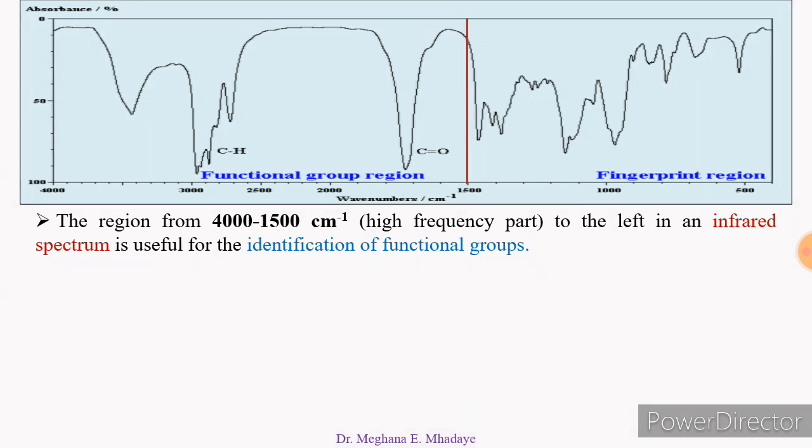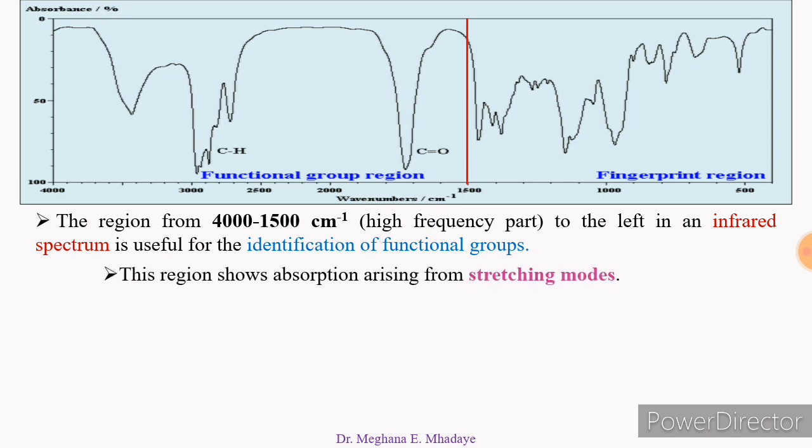The region from 4000 to 1500 cm⁻¹, that is, the high frequency part to the left in an infrared spectrum, is useful for the identification of functional groups. This region shows absorption arising from stretching modes.